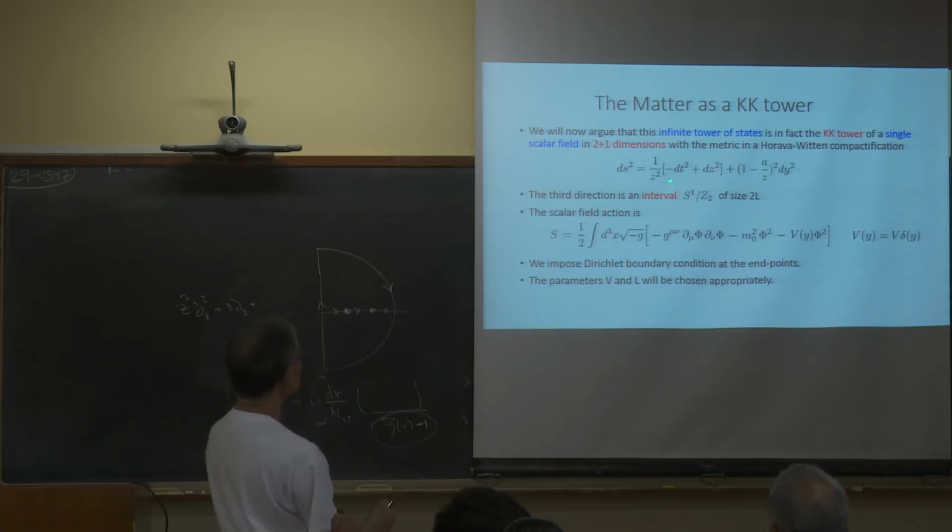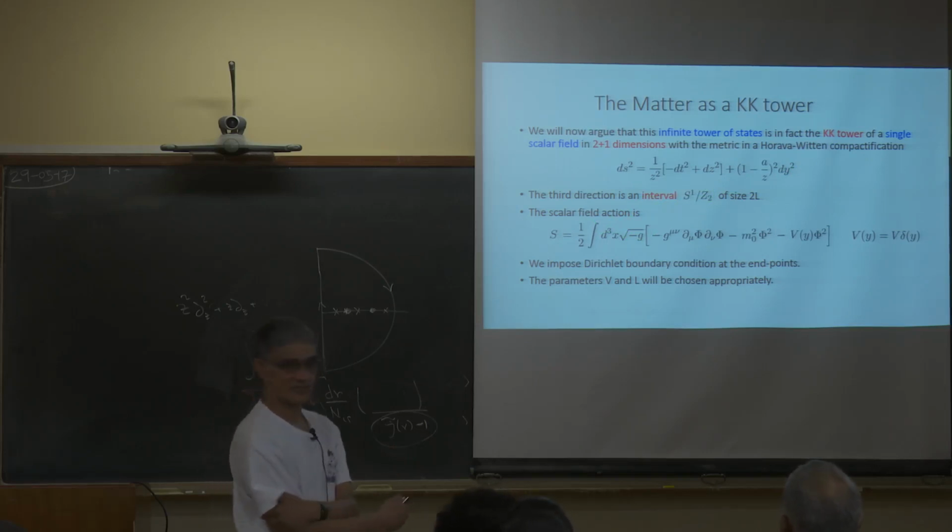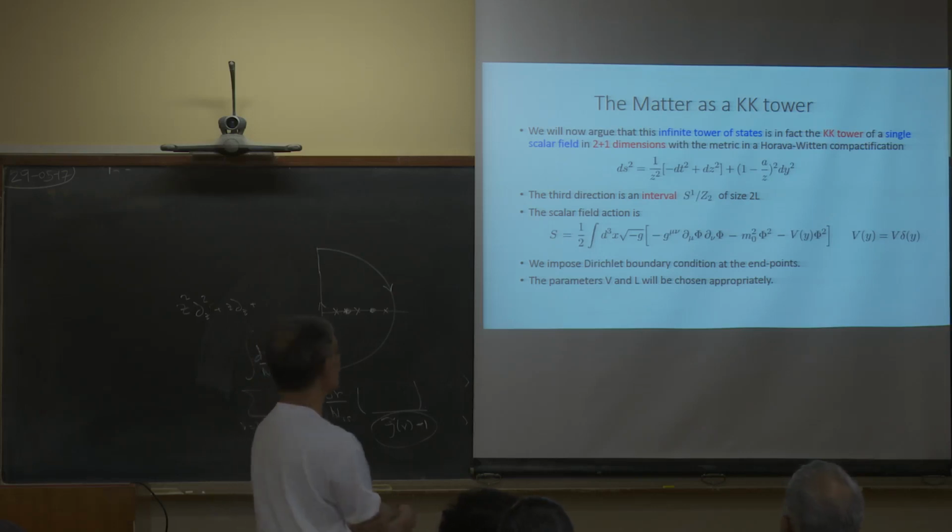The 3-dimensional metric is AdS2 times a kind of warping of a flat space dy. It's 1 dimension, so what else can it be, except that this y direction is actually an interval. It is an interval which can be thought of as an S1 mod Z2, pretty much like Horava-Witten compactification of M theory. It has a size which I call 2 times L.